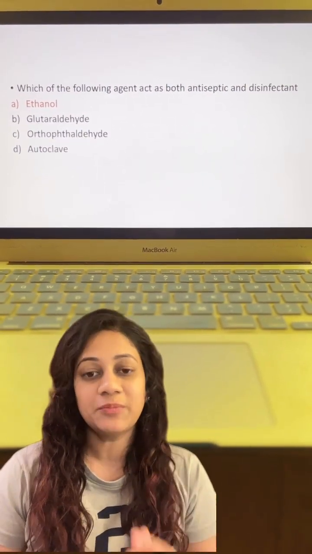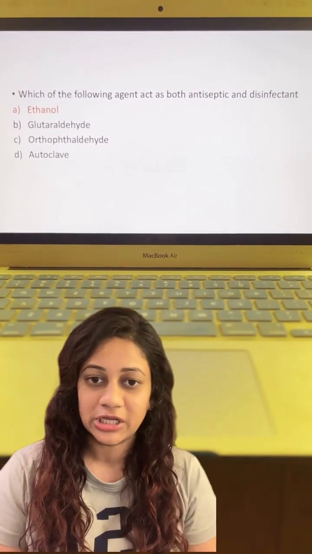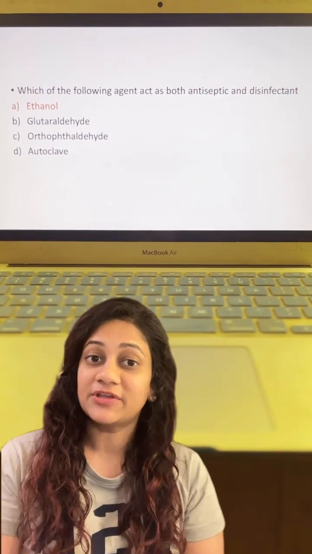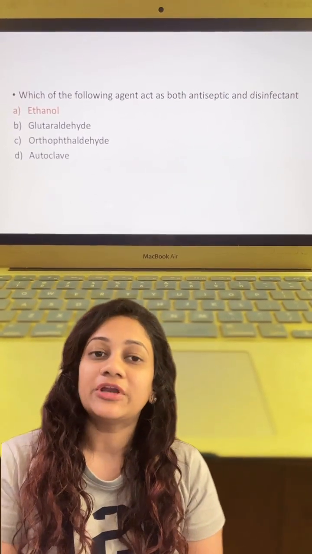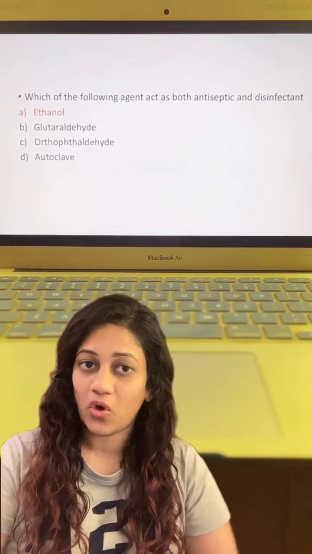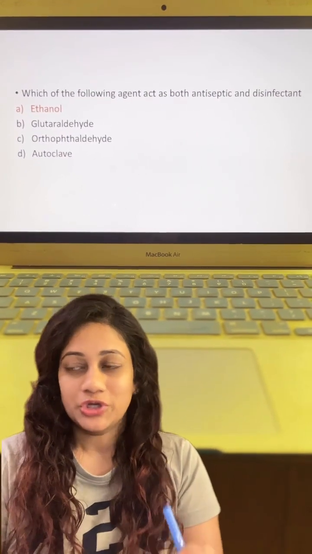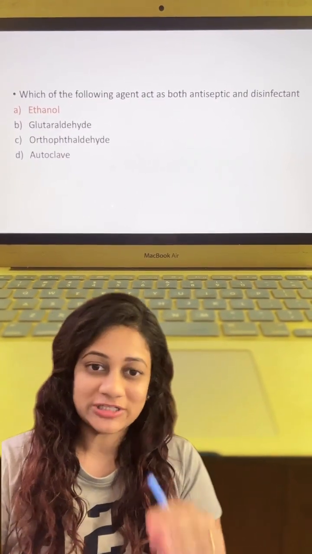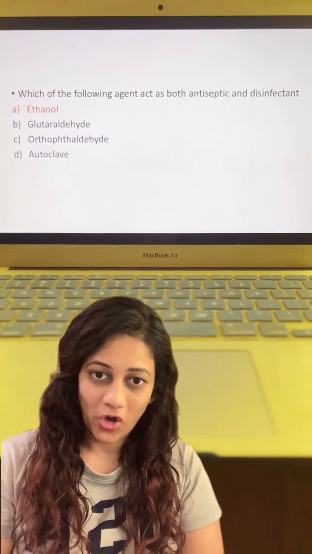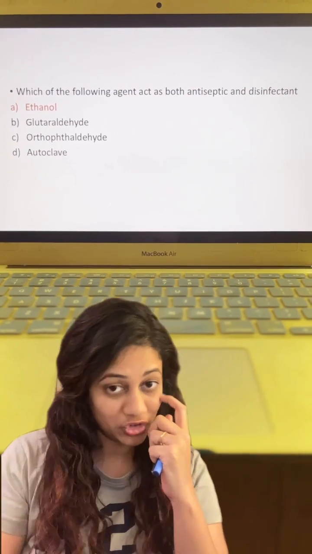Why? Because let me explain what is antiseptic and disinfectant. Antiseptic is when you kill microbes on a living surface, and disinfectant is when you kill those microbes on an inanimate object, that is a non-living object. I'll give you an example. Whenever my laboratory staff sits for lunch, they always wipe their mobile with alcohol, and they always even rub their hands with alcohol and then wash them.